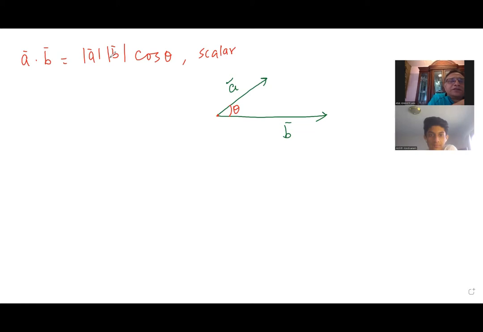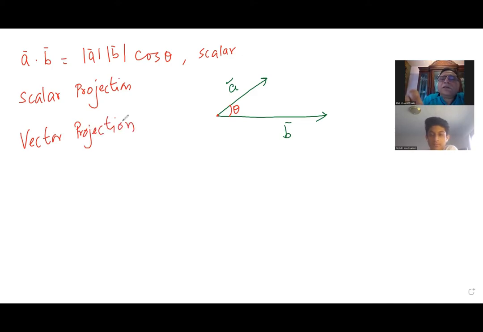Now, you are interested in finding the projection of a vector, right? So we have scalar projection, and we also have vector projection. Literally, projection means that projection of A on B will be this, from here.